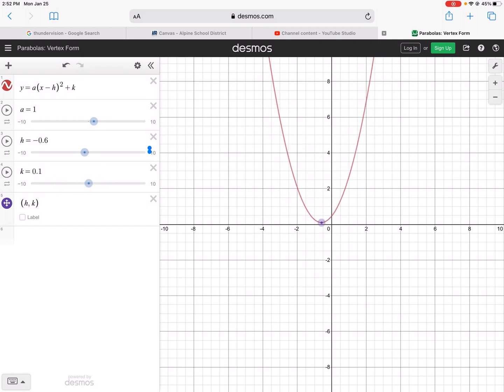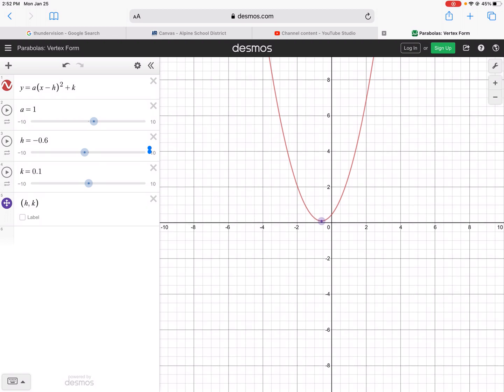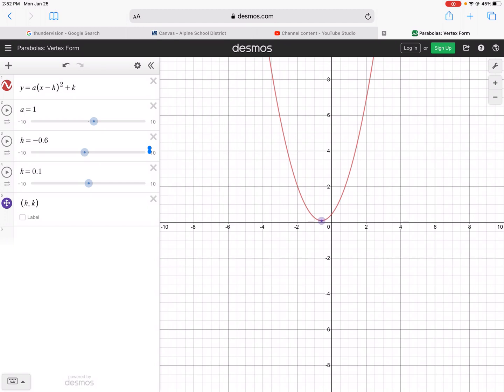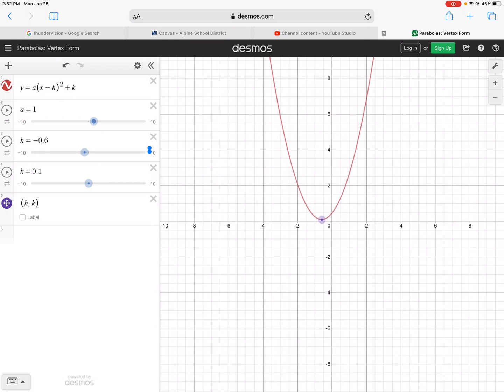Okay. And then let's talk about what a does. We kind of talked about that as our growth pattern. But if we talk about transformations, we talk about it a little different. So if a is 1, we have our parent graph. If a is greater than 1, it's called vertically stretched. So it looks more skinny. If a is less than 1, it becomes more wide, and this is called vertically compressed.